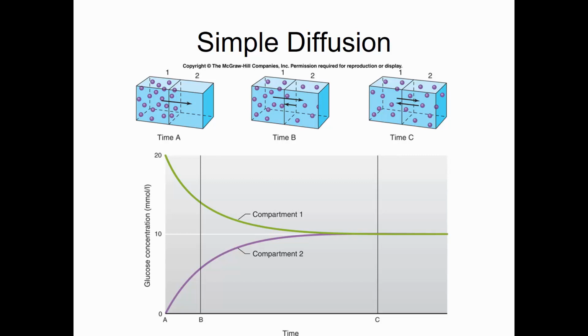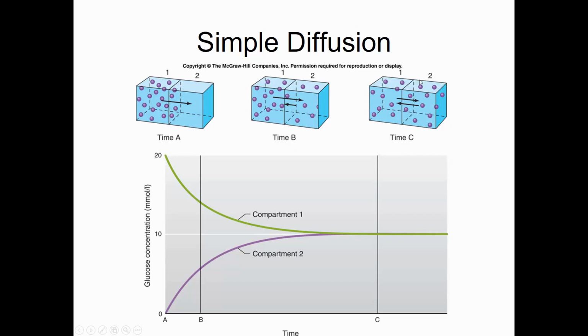Molecules are moving all the time, colliding all the time, and glucose has an opportunity for fewer collisions over here than over here. And so glucose will gradually bounce around and go from the area of high concentration to an area of low concentration. And that movement will continue.